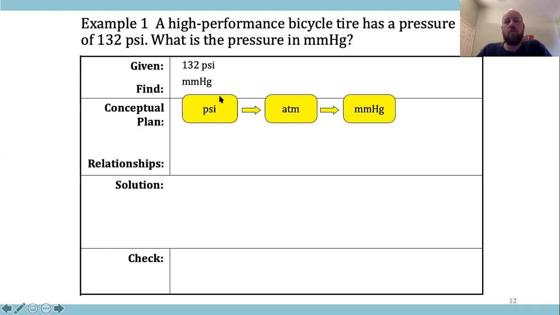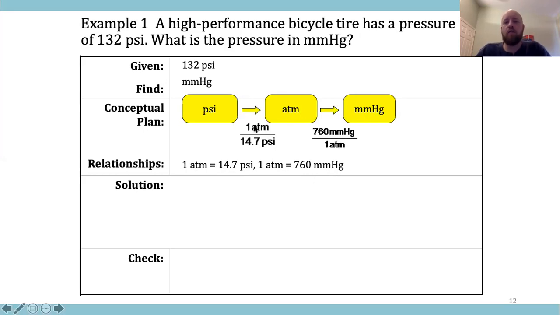So we don't have a relation for PSI to millimeters of mercury, so we have to go through the intermediate of ATM, through which we can convert to everything else. So in 1 ATM, which was missing off the previous slide, there's 14.7 PSI, and in 1 ATM there's 760 millimeters of mercury.